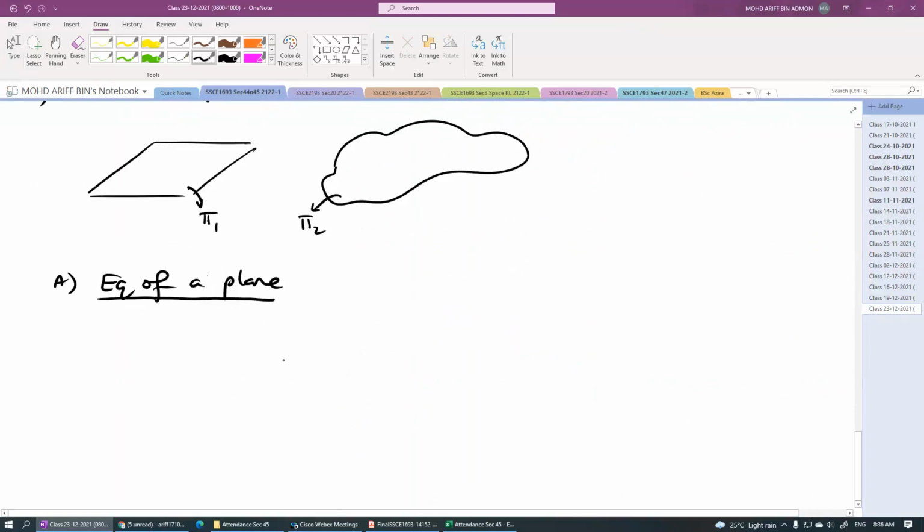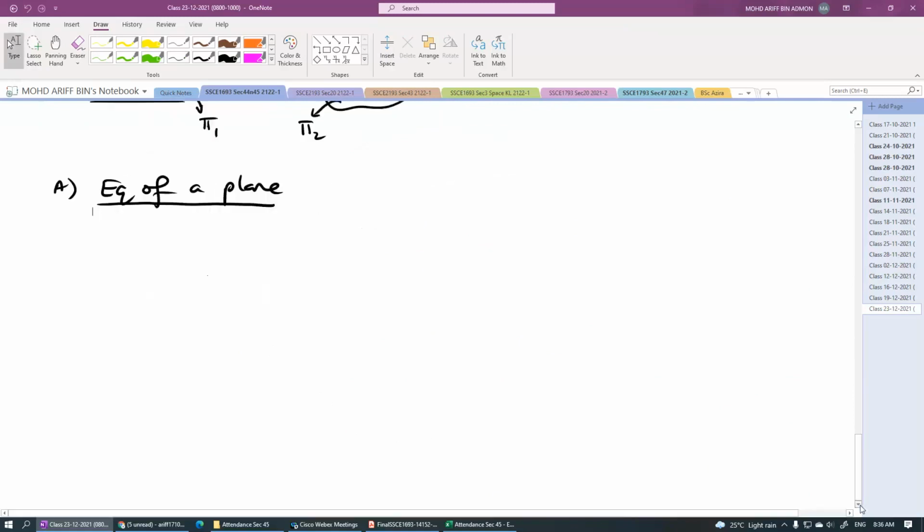For now, I am considering just the shape of a plane. Let's say we have our plane, and this is our plane.